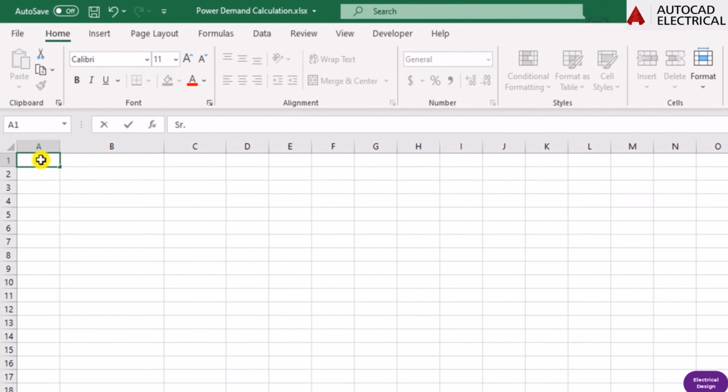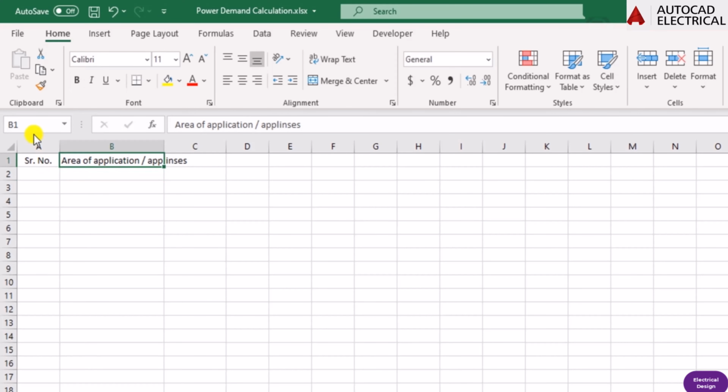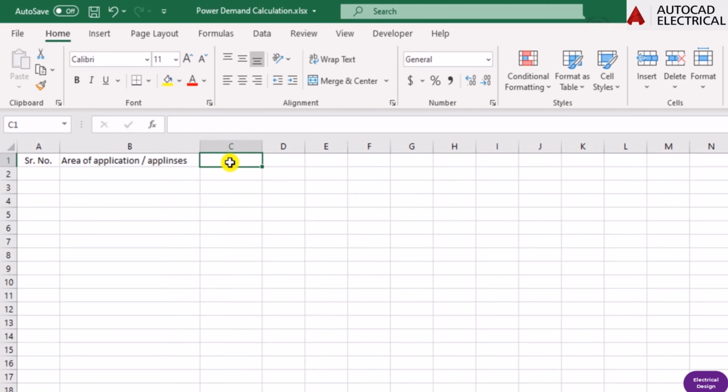There is the serial number, the area of application or the appliances, power in watts, the power required for that appliance in watts, the quantity, and the last one is power in kilowatts.